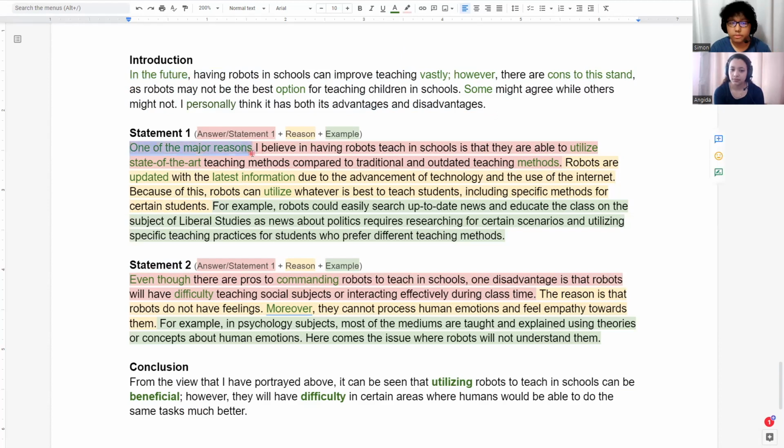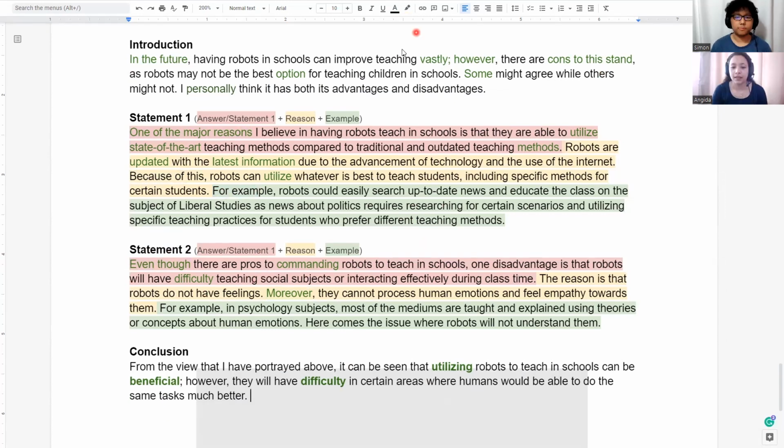One of the major reason is another one. And there's words like even though, because, for example, and these are coherence words that you can utilize, even moreover or and. So you should use these words to get more marks.